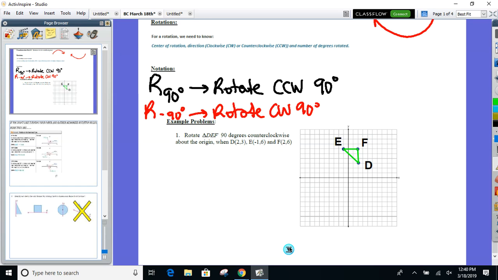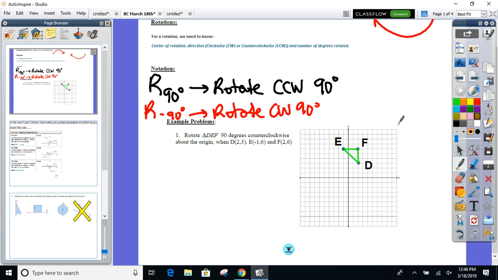Okay, let's see if we actually do know this counterclockwise versus clockwise business. I just came out and said do it counterclockwise. I could have left it positive 90, but I came out and said go counterclockwise. You guys know your quadrants? 1, 2, 3, 4. I'll actually write that on there.